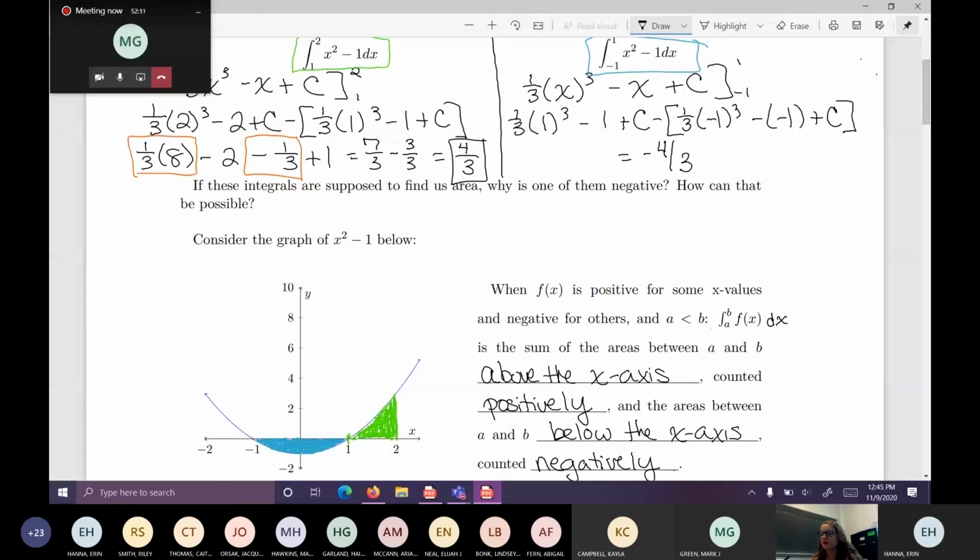What we're going to find in 5.3, which we might not get to until Wednesday, is that sometimes we need to consider the fact that some of it's counted as negative. So we're going to need to break it up. We'll see that in a second. Any questions? Okay.